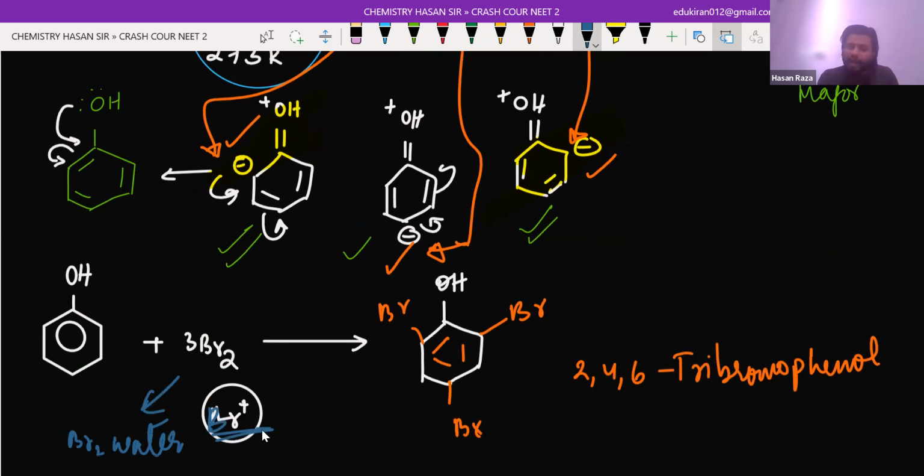So this will attack at the positions where electron density is rich. You can see electron density at ortho is rich, electron density at para is rich, and we have a lot of Br positive, so it will attack at the sites where electron density is high. So this will be the product. Is that clear?